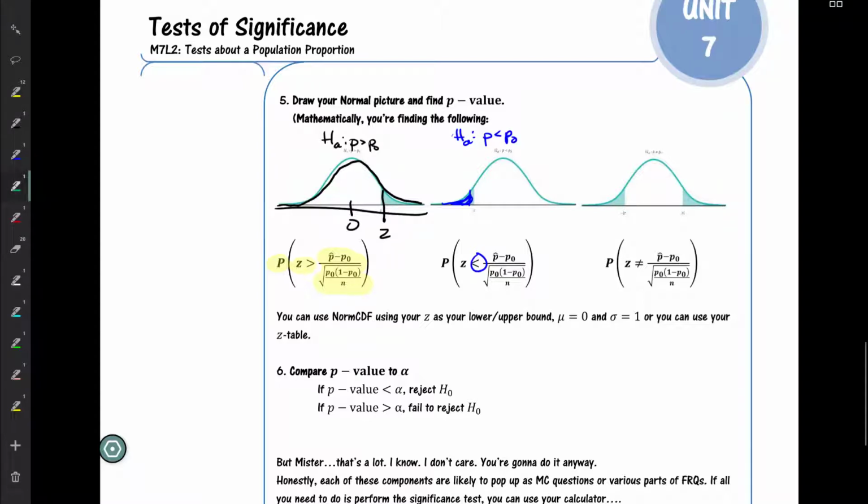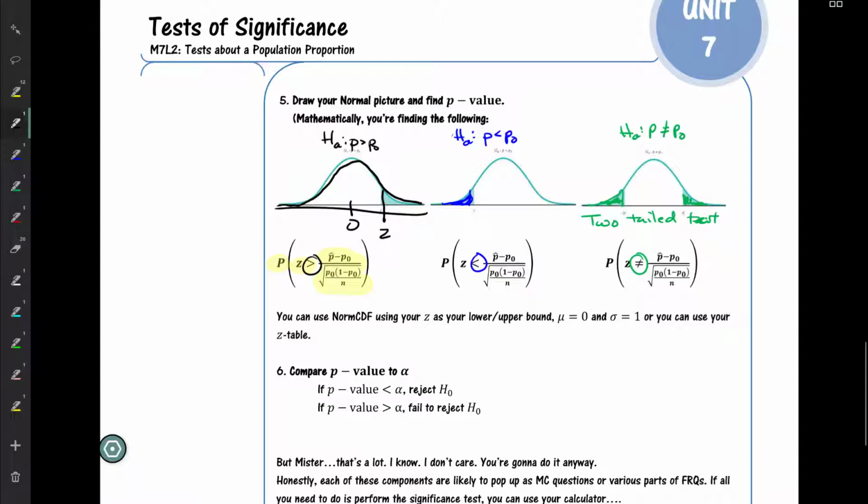Or on some occasions, we may be looking at what's called a two-tailed test, because we're not looking at just one tail area, we're looking at 2 tails. And this is when you would be seeing that it's simply not equal to. And you can see the notation that we are using for each one of these and how it differs.